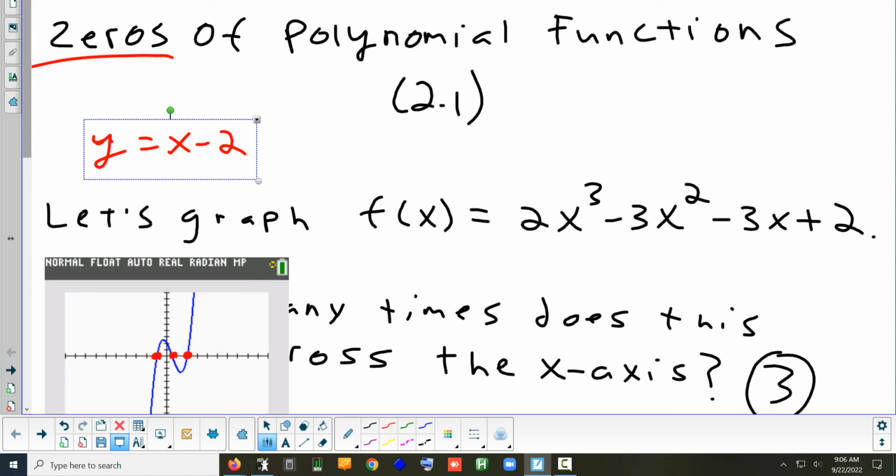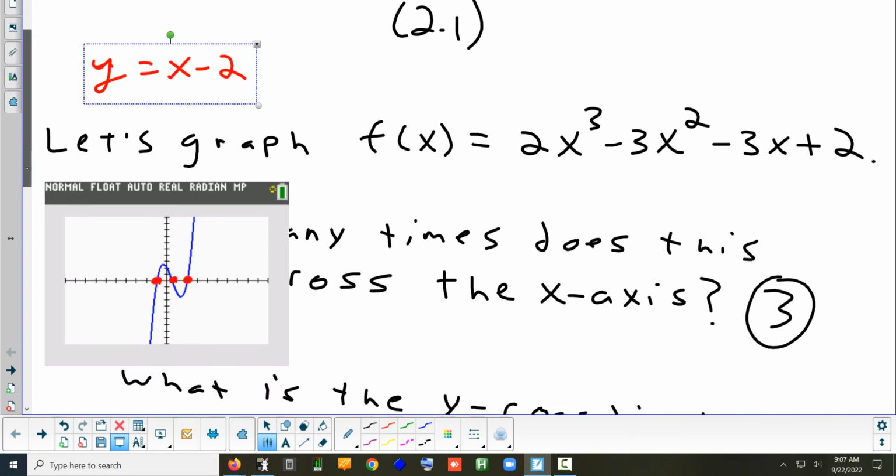And in this case, it would be 2. 2 is the 0 of this polynomial function. It's the number you plug in for x, and you get 0 for y. Another way to say it is 2 is the x-intercept if you were to draw this. 2 is the number where it would cross the x-axis. It means the same thing.